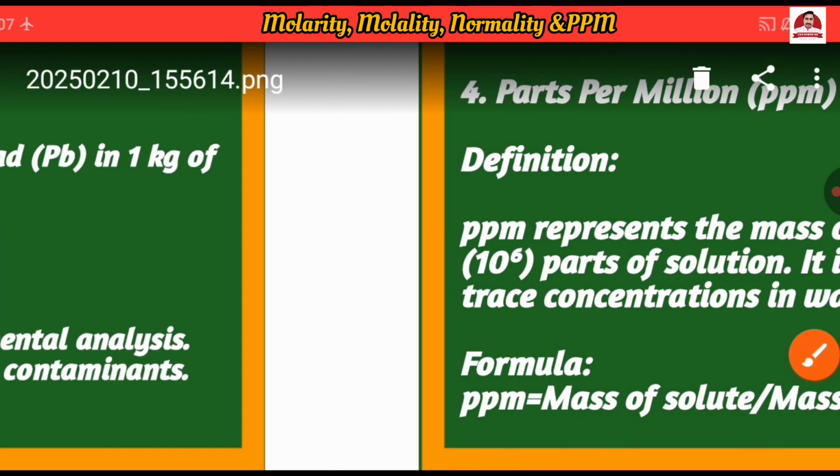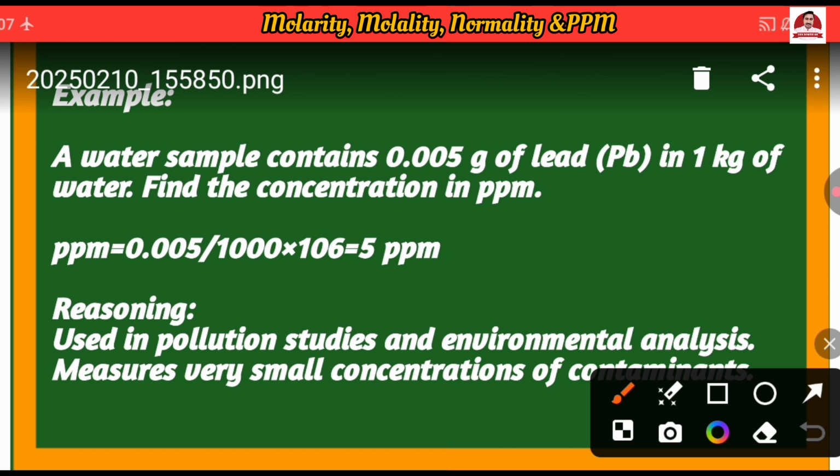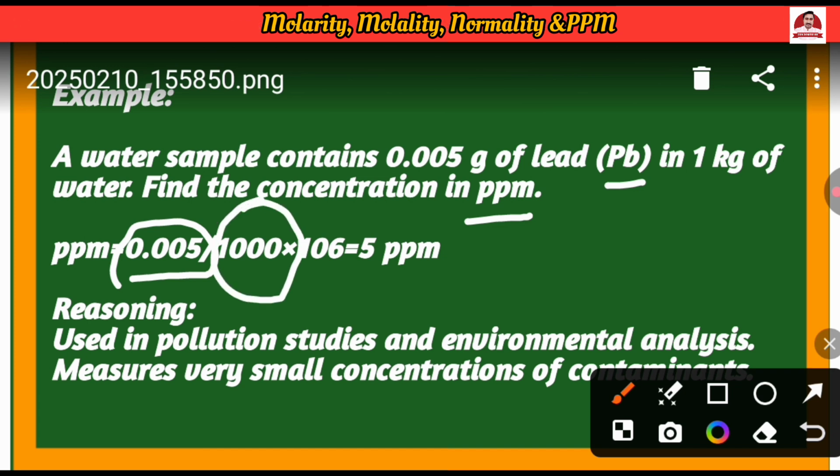Now we take the example, how can we find the ppm of a solution. An example, a water sample contains 0.005 gram of lead in 1 kilogram of water. Find the concentration of lead in ppm. We have the formula, the mass of the solute divided by the mass of the solution multiplied by 10 raised to power 6.